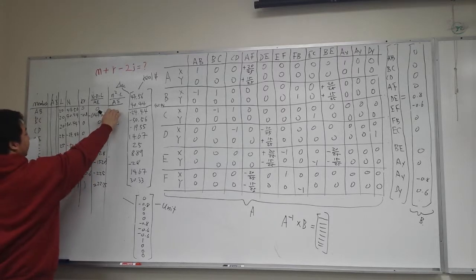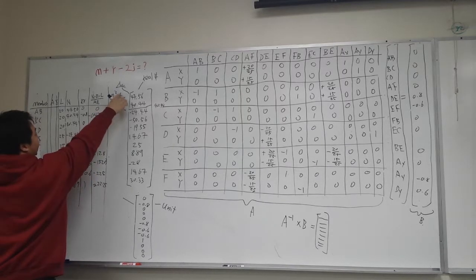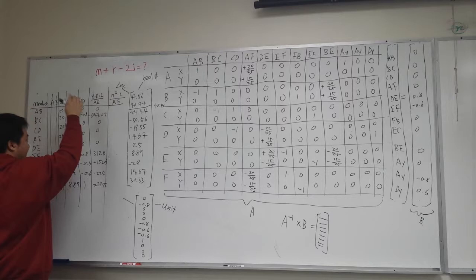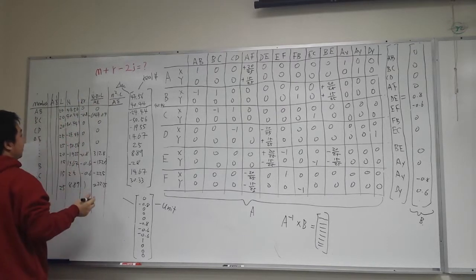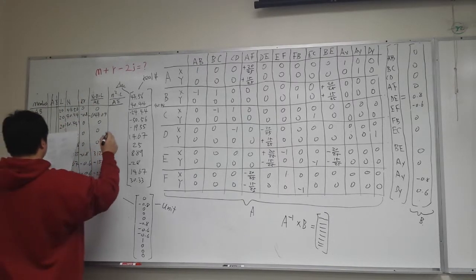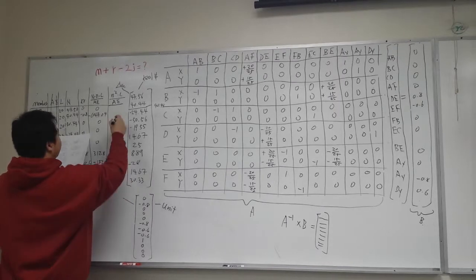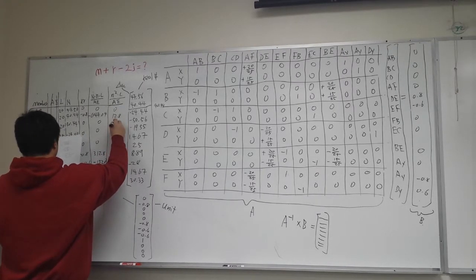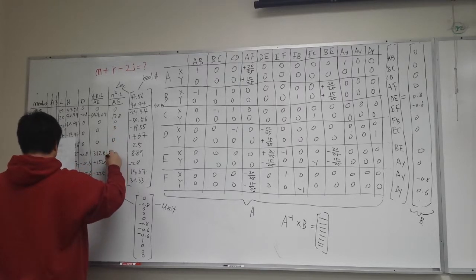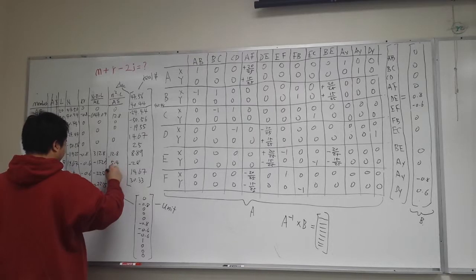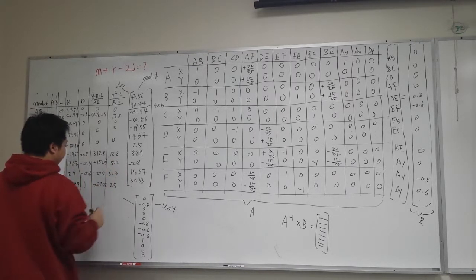And for this one, small n squared times L. So take the square of this times the L. So you're going to have 0, 12.8, 0, 0, 0, 12.8, 5.4, 5.4, 25.